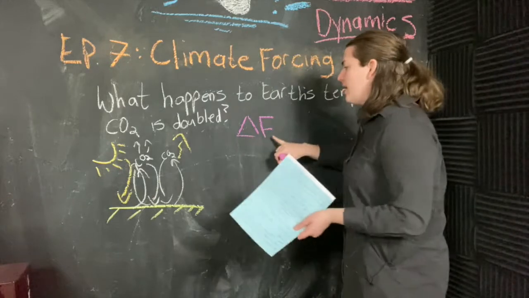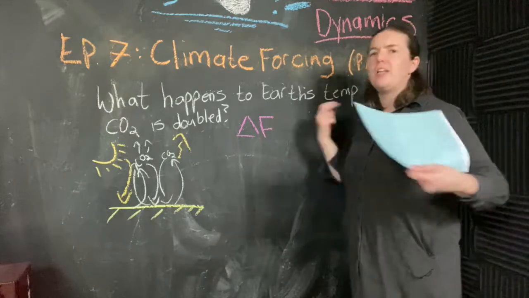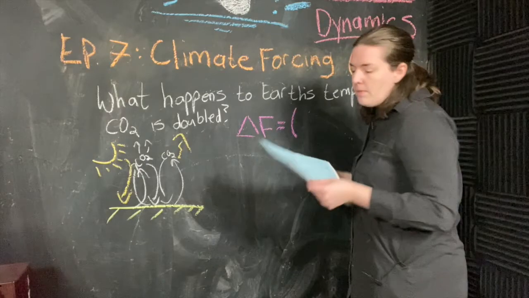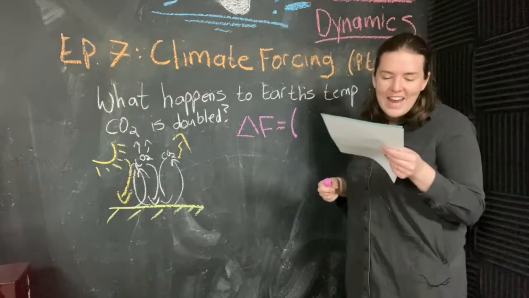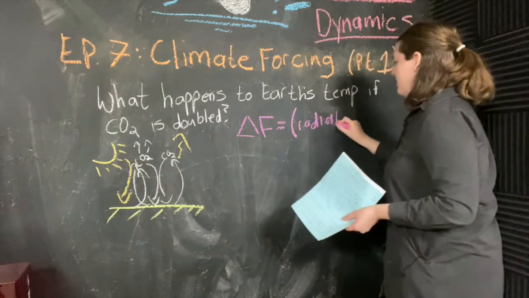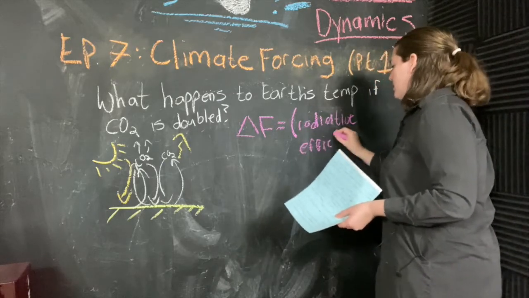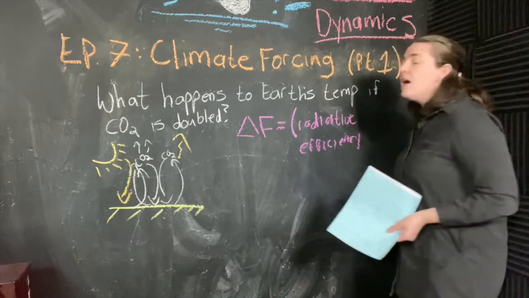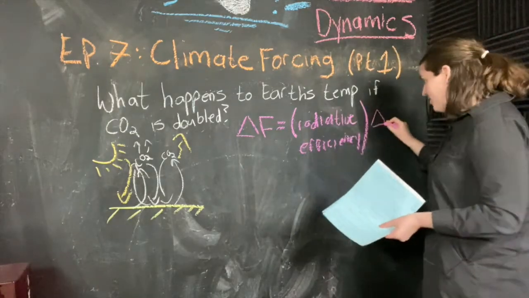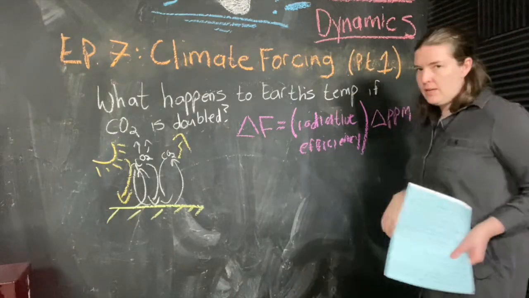So the change in F, where F is our forcing, the change in the forcing, or the change in the energy, is going to equal a term I'm going to call radiative efficiency, multiplied by the change, again that Greek letter delta, in parts per million.